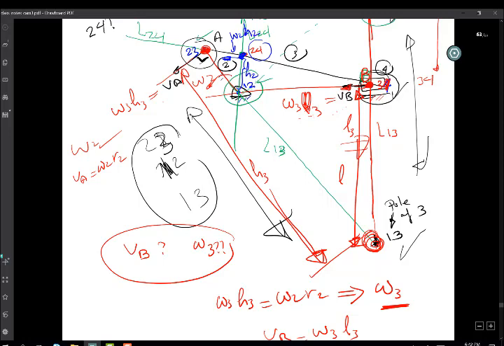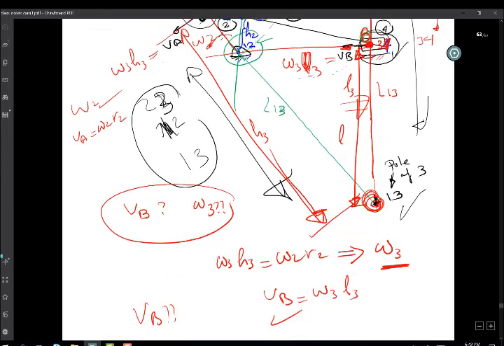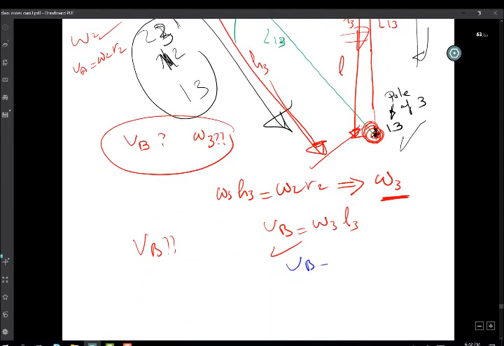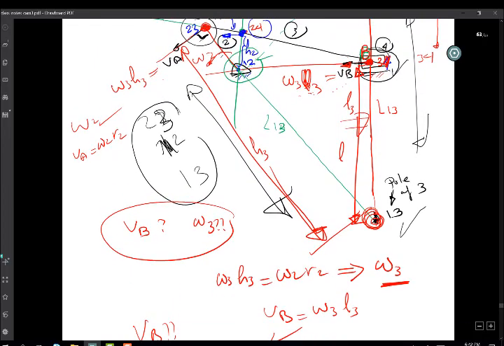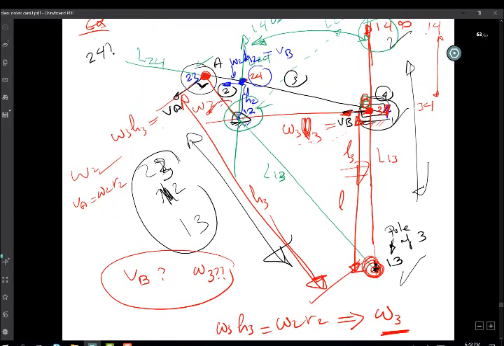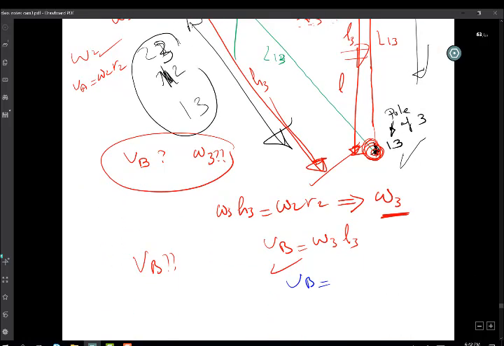But also it falls on link 4, and link 4 is just point B, the slider. So this is VB. So another way of getting VB is omega 2 times this distance, because this point 4, 2 falls on link number 2. So it's omega 2 h2.